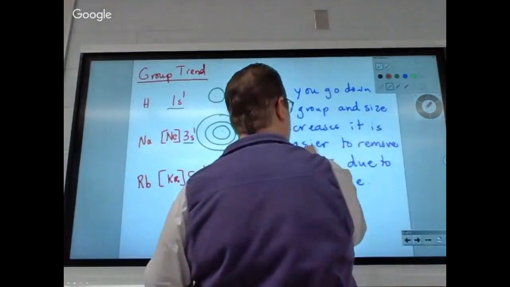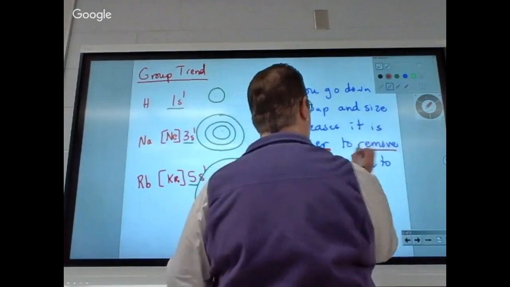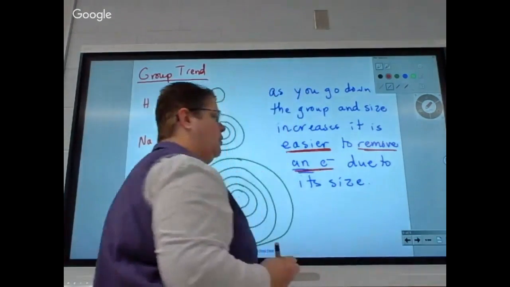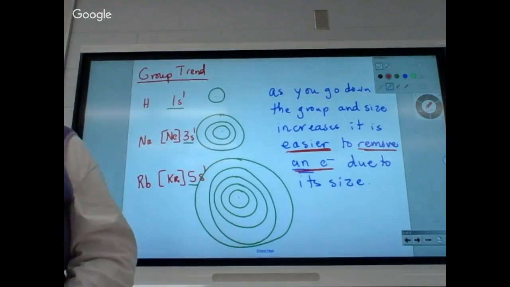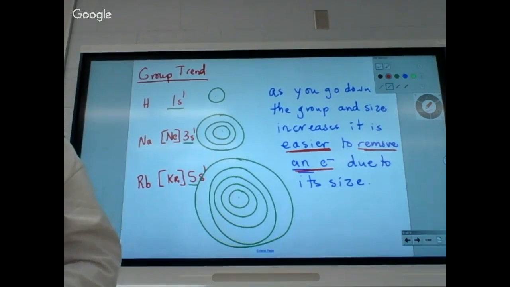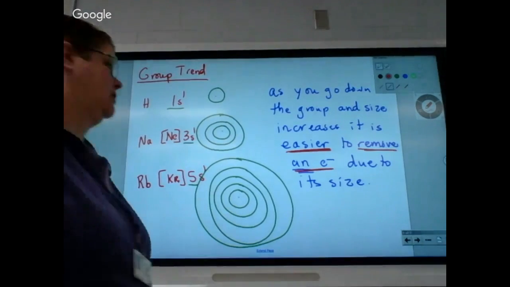So, if it's easier to remove an electron, what would happen to the ionization energy if it's easier to pull off the electron? Would ionization energy increase or would it decrease if it's easier to remove one? It decreases. All right?